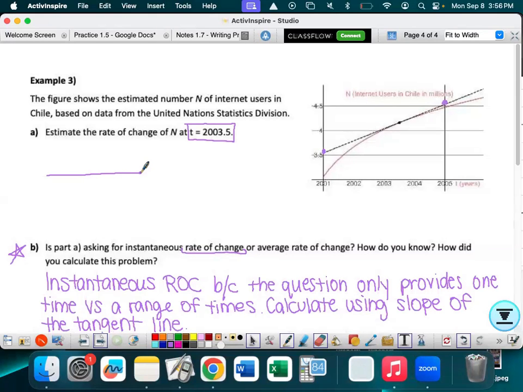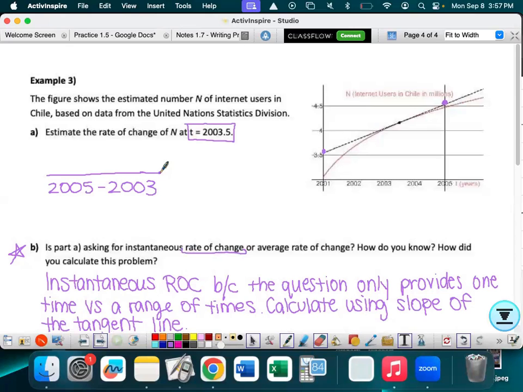So the times are going to go on the bottom, 2005 minus 2003. And then in the numerator, we want the outputs at those times. So for 2005, what does it look like the number of internet users are? To me, it looks like it's just slightly above 4.5.